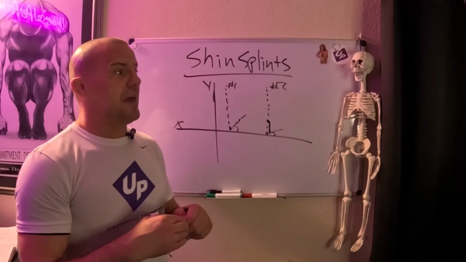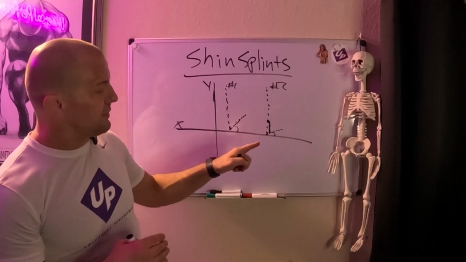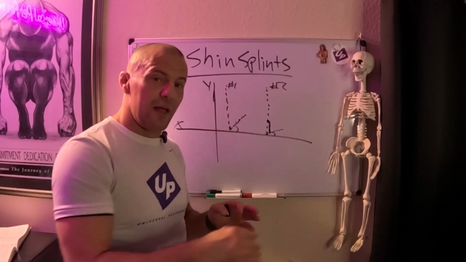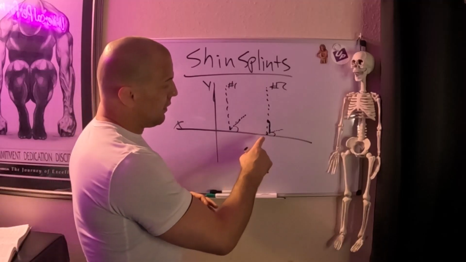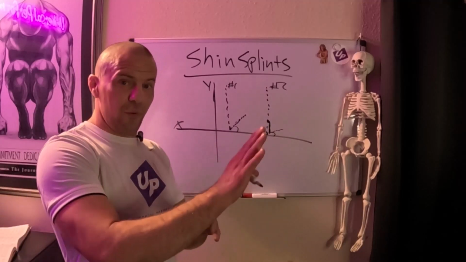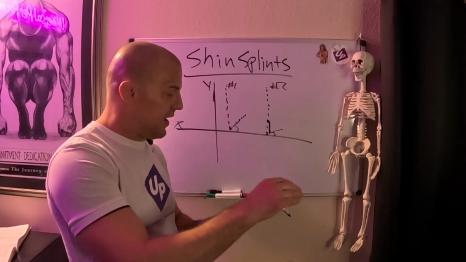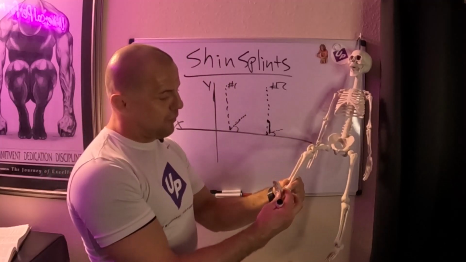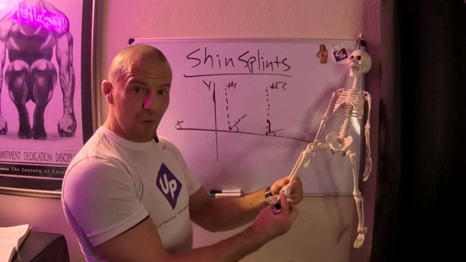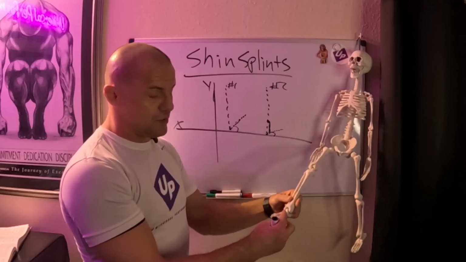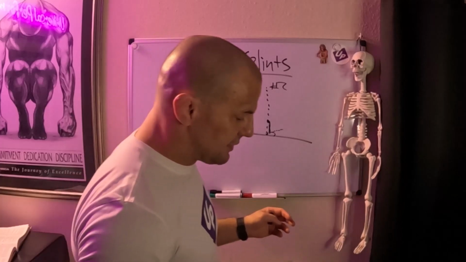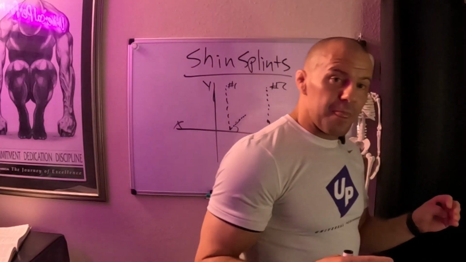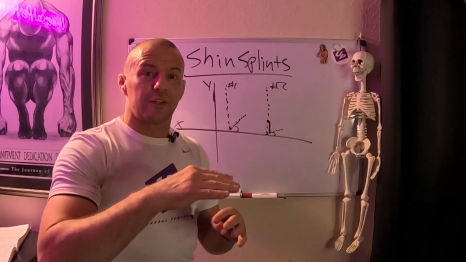Okay, and what's going to force us to happen is as we increase our velocity while we run, this tibialis anterior is going to be forced to pick itself up faster and faster. So now all of a sudden while we run, the foot is forced to pick itself up, getting more like this, versus if we were to walk and kind of shift side to side like this, the tibialis anterior doesn't have to function at all.